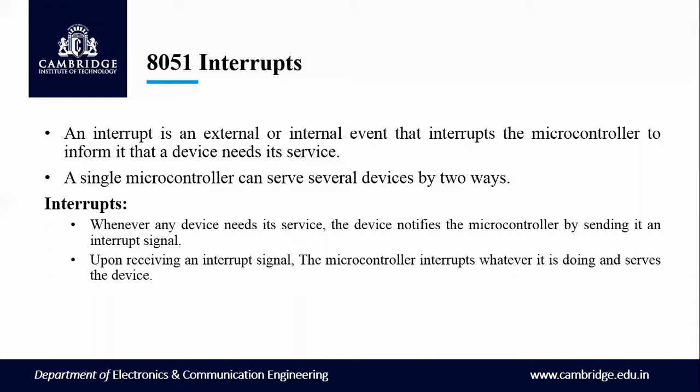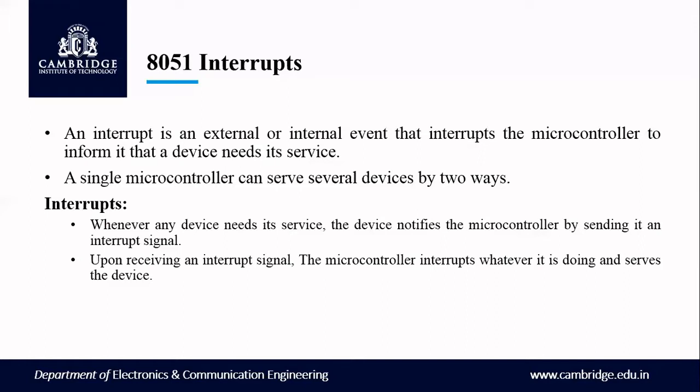For example, if an external peripheral device is connected, such as a printer, or you may be displaying something on the monitor, or you want to connect a keypad. If you press any key, we need to know how to access that or how to run the keypad program. That we call an interrupt service routine.